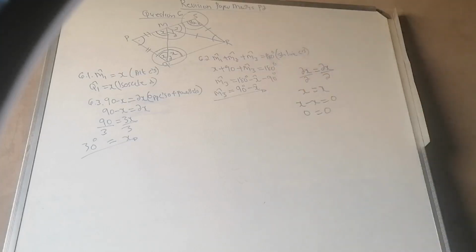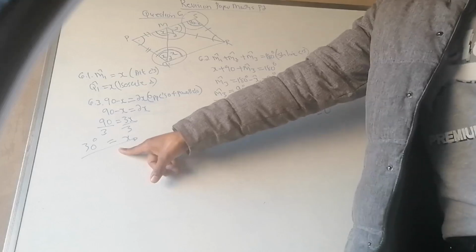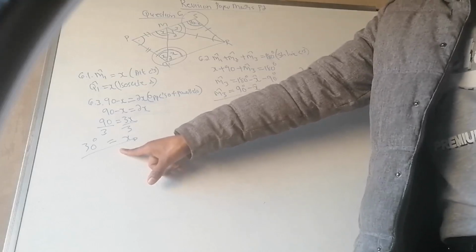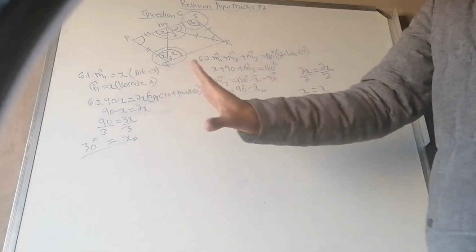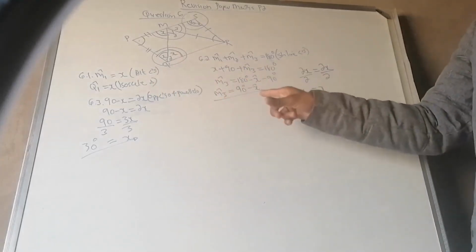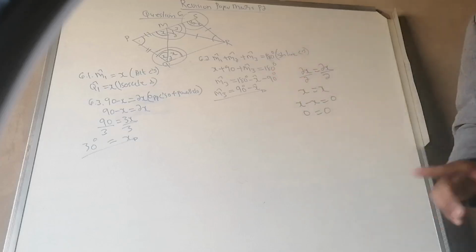It's 90 minus X. That is why if one is correct, you fail. But be careful, that's how Euclidean geometry works; you must be very sure of yourself. But here we are correct in what we have done. My dear, there's nothing wrong here. M3 has 2X. M3 is 90 minus X. This is very, very important.